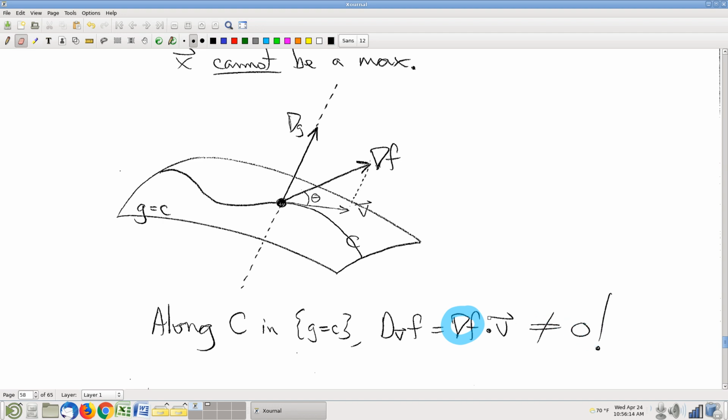And here's the third possibility. This vector might not be as I have it drawn here. It might not be off at some angle from the gradient of g. What if it is, in fact, a multiple of the gradient of g, parallel to the gradient of g?